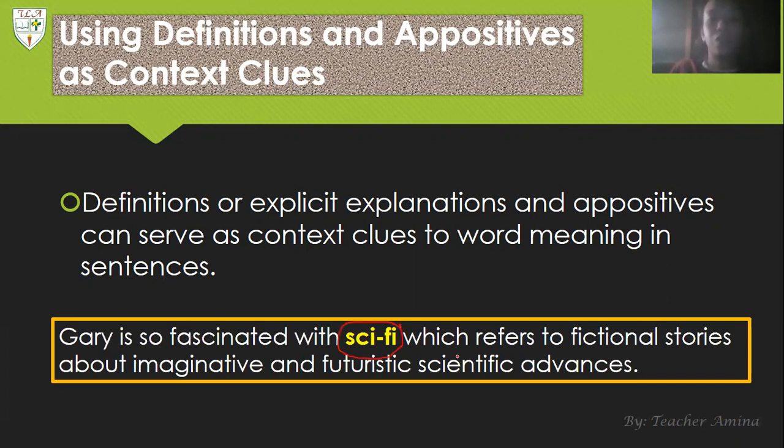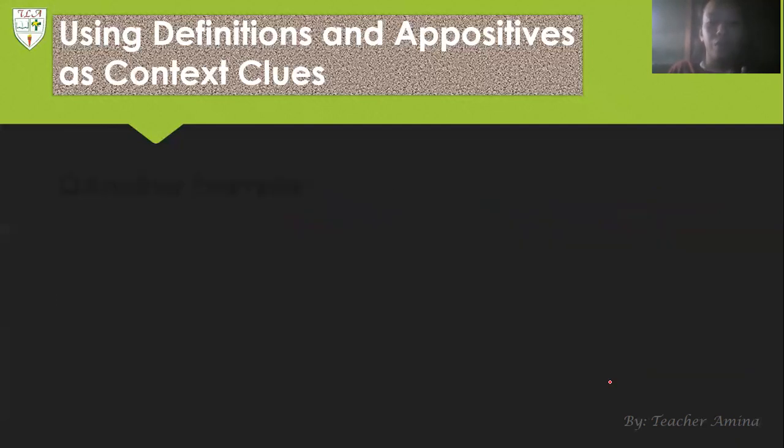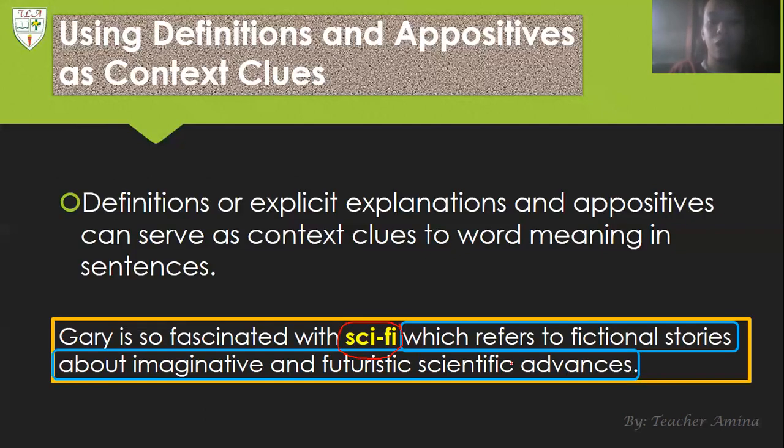What is the meaning of sci-fi, which can be found in this sentence? Okay, the meaning is fictional stories about imaginative and futuristic scientific advances. How did we know this? Okay. Our context clue here is this.